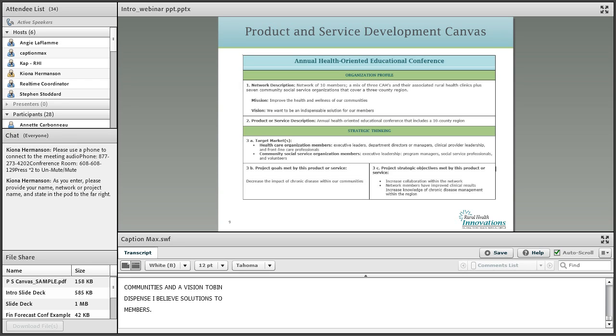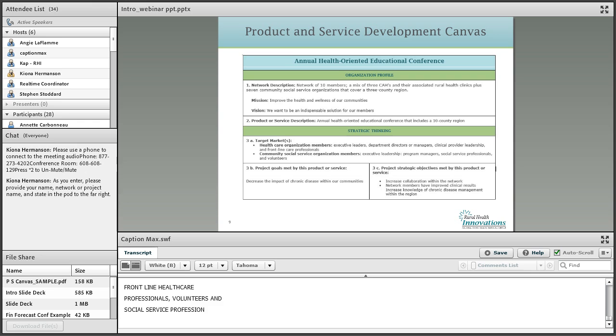Every Canvas also has some strategic thinking to go through. For this sample, the target markets we've selected are healthcare organization members and community social service organization members. The members for our target markets are the executive leadership and also program managers, clinical leadership, frontline healthcare professionals, volunteers, and social service professionals.